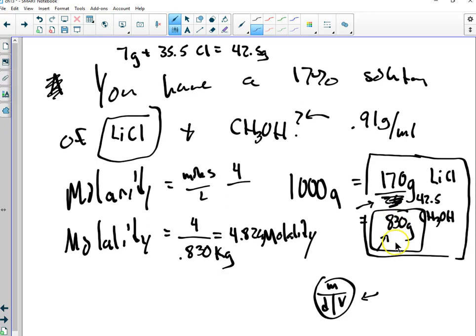No. Oh, sorry, it is 1,000. It is 1,000 because it's the solution. Yeah, I'm failing right now. I chose 1,000, right? So I take my mass and I divide it by my density, which was 0.91, and I end up with what number? 1,090?